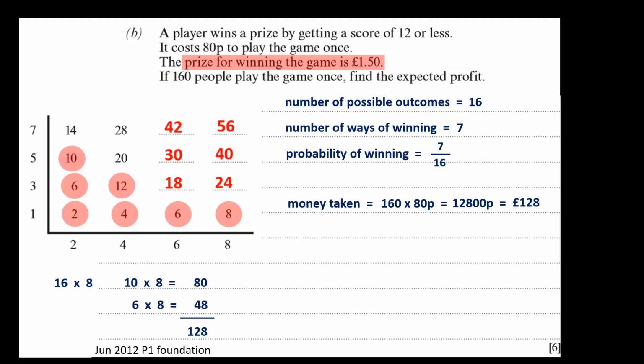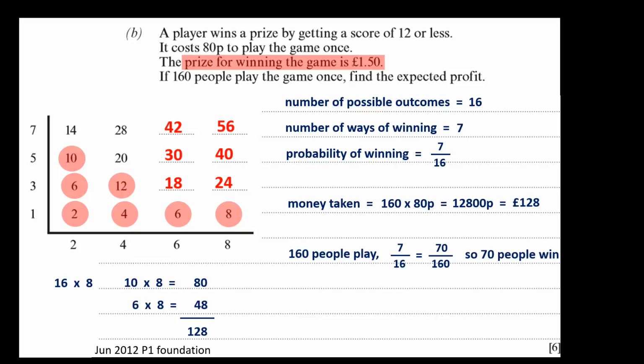Okay, the prize for winning the game is £1.50, and we've got to find the profit. So we need to work out how many people we expect to win. So 160 people play. Now 7 out of 16 is the probability of winning, so that is 70 out of 160. Take a 0 off the end of both numbers, so we would expect 70 people to win.